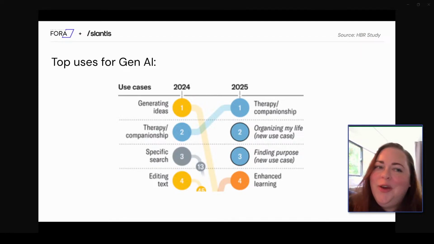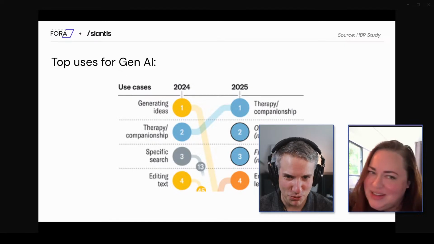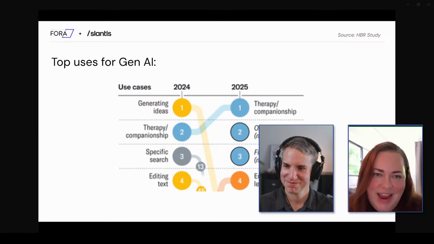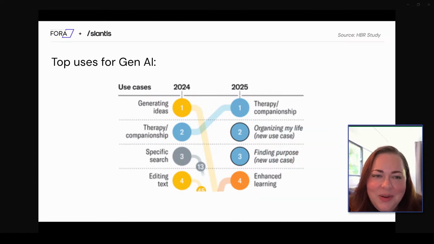What's really interesting here, though, and how this ties back to our original conversation, is how people are actually using generative AI right now. The number one use for generative AI, which is surprising, is therapy and companionship. Number two is organizing your life. And number three is finding purpose.